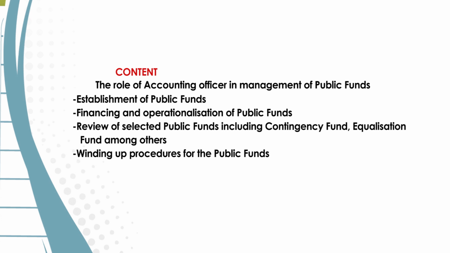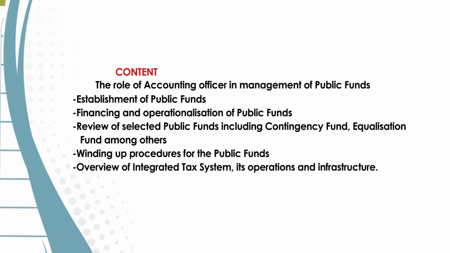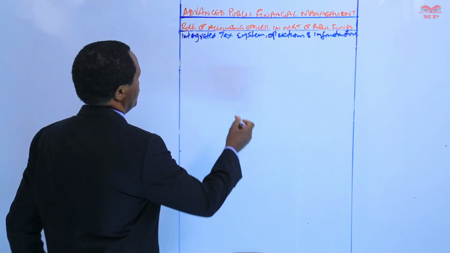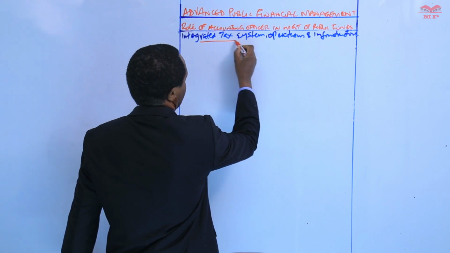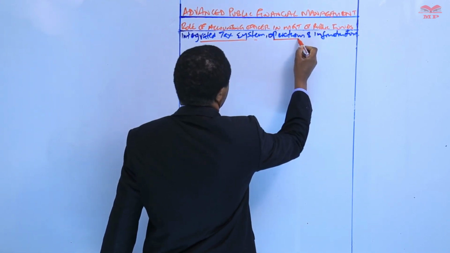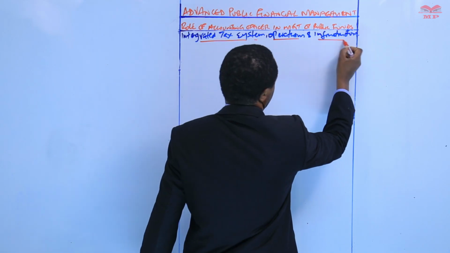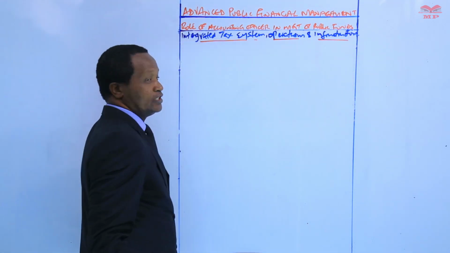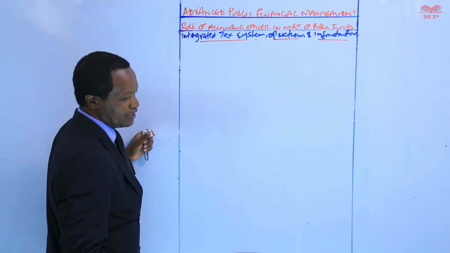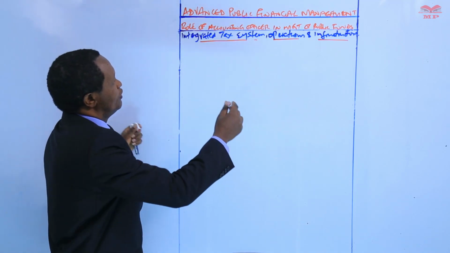Today is the last lesson, which is the overview of integrated tax system, its operations, and infrastructure. These are three things: overview of integrated tax system, operations of integrated tax system, and infrastructure of integrated tax system. Now, let's have, first of all, the overview.